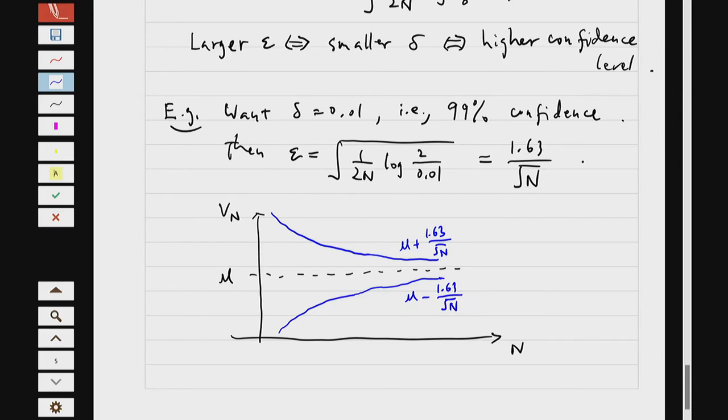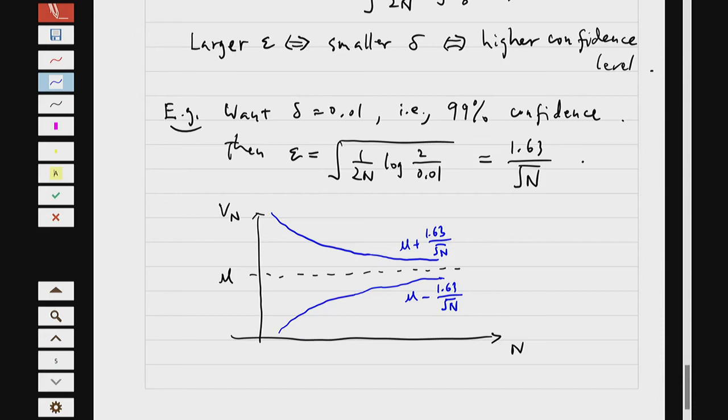So what does this tell us? The more and more samples I have, my confidence interval gets smaller and smaller, for the same confidence level. 99% sure that my estimate will be within these blue bounds. I'm 99% sure that I'm within these blue bands. Depending on how many samples I have, if I have fewer samples, then this band will be wide. But if I have many, many samples, then my band will be very, very narrow. Again, for the same confidence level, I'm 99% sure that my estimate will be that close to the true mean value.